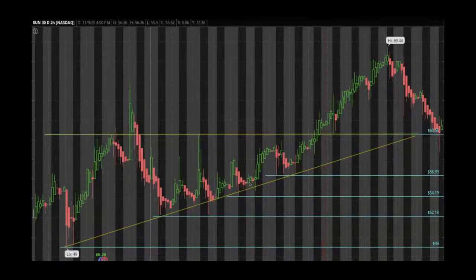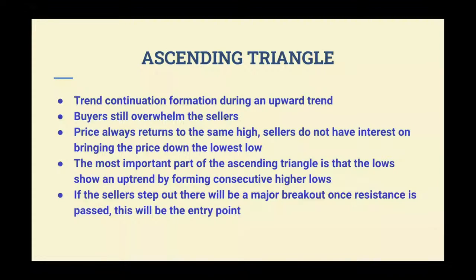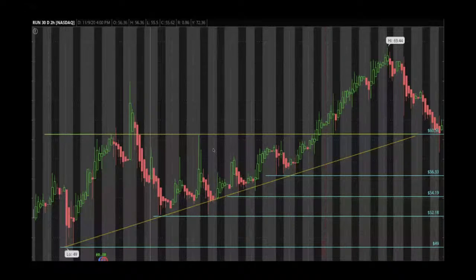Watch how the downtrend always keeps losing steam until you finally have the whole breakout. Buyers still overwhelm the sellers, as you see here. Buying power here, there's some sellers, buyers, some sellers here. This was probably the biggest drop.